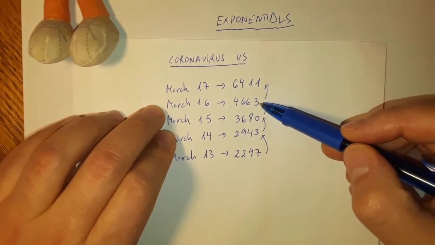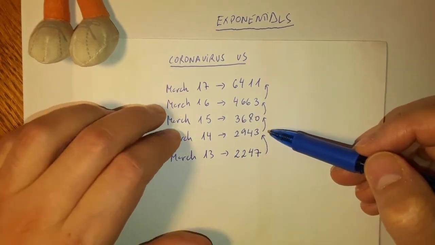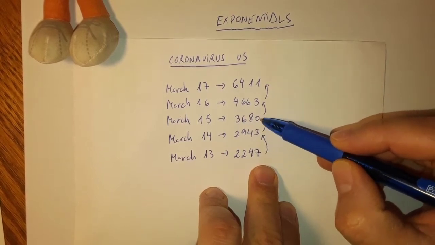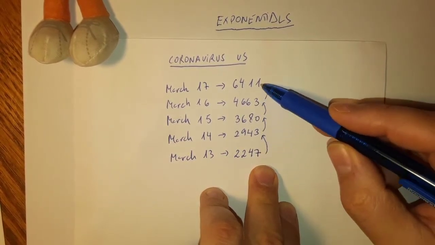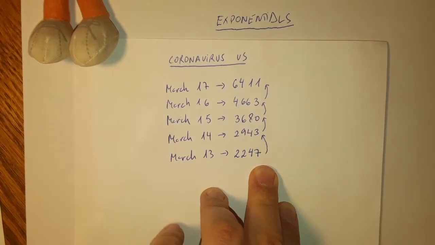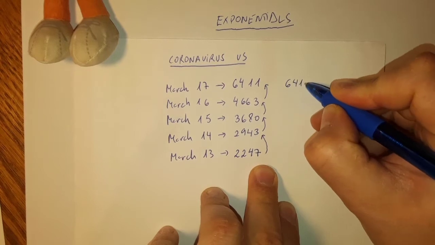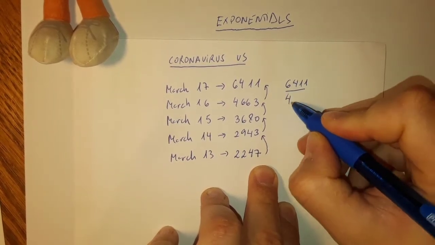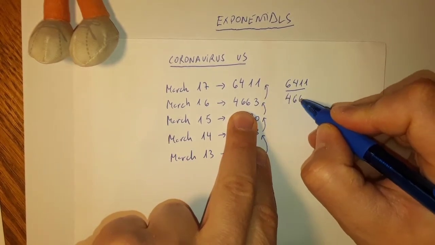The day before, we had 4,663. And like this, we would like to know every day what's the rate of change, how much this is changing every day. To know that, we're going to divide 6,411, which is yesterday, over the day before, 4,663.